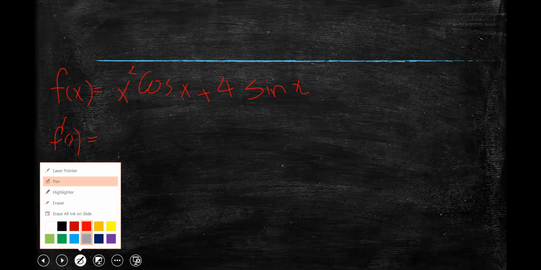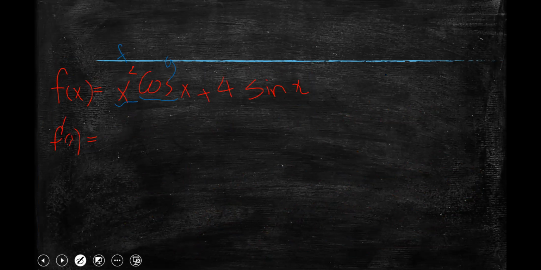So now number 5, f of x is x squared cosine x plus 4 sine x. So f prime of x will be, look at the first one here. Here we have x squared cosine x. So let's name this f and this is g. If f is x squared, f prime will be 2x. If g is cosine x, g prime will be negative sine x.